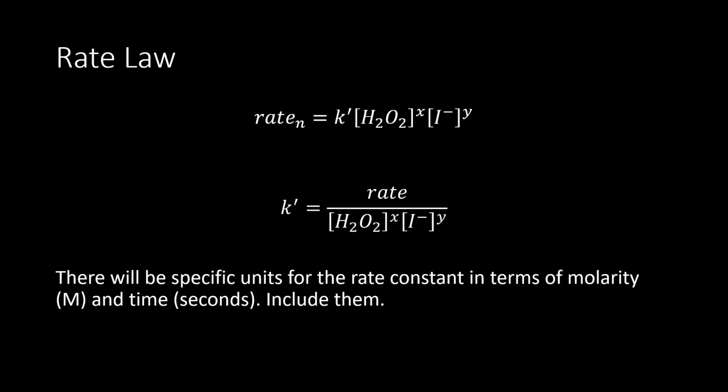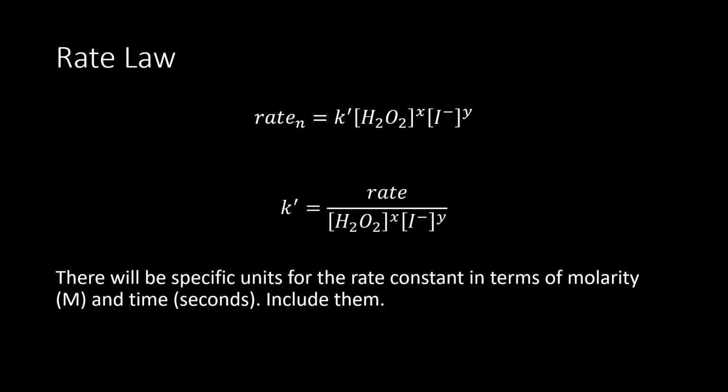You can solve K prime just like we did for instantaneous reaction rates, which is just going to be the rate of that specific trial divided by the product of your chemical species of interest, in this case hydrogen peroxide and iodide concentration, both raised to their respective rate orders.